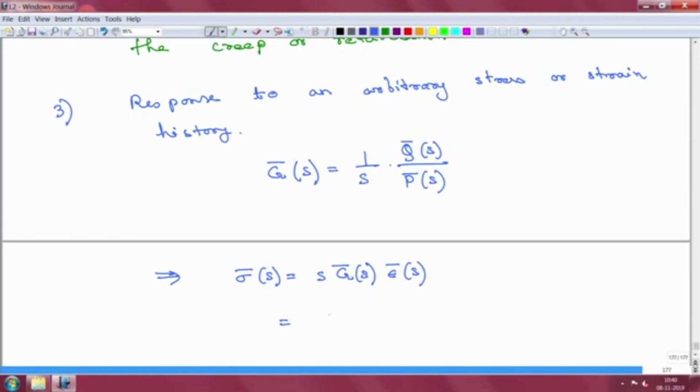Just like what we had done previously, we want to take the Laplace inverse of the entire quantity on the left. So, you are going to club s and epsilon bar s, and here you will add the initial condition, subtract the initial condition and add it.